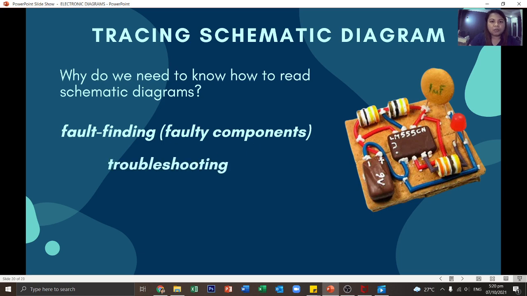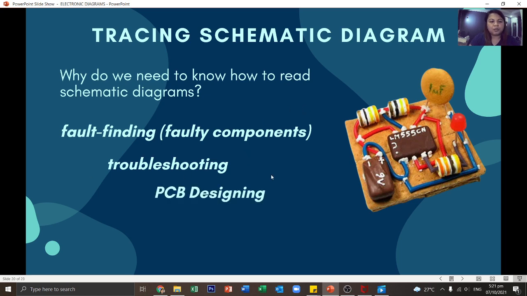Then you will know how to troubleshoot. If you identify, for example, that this capacitor may be the cause because based on checking it's burned, how do you troubleshoot? We use the schematic diagram, check what the value of the component is so that we can buy and then replace it, and how it is connected.